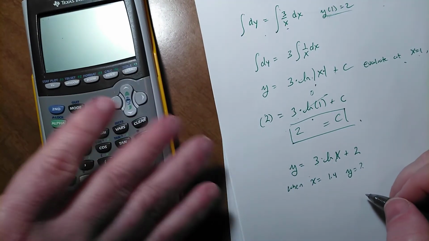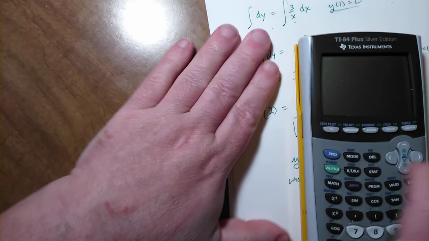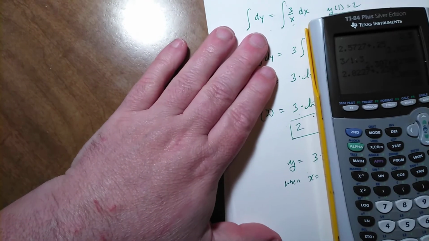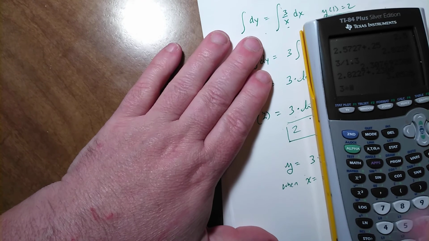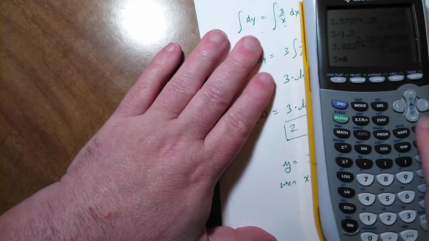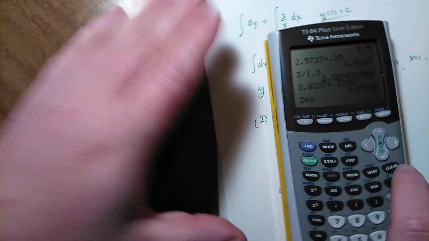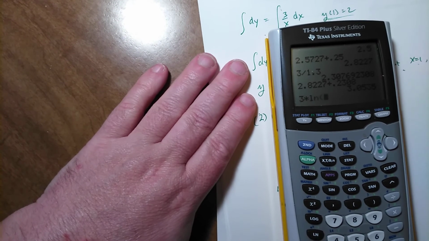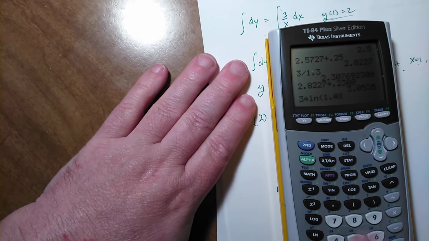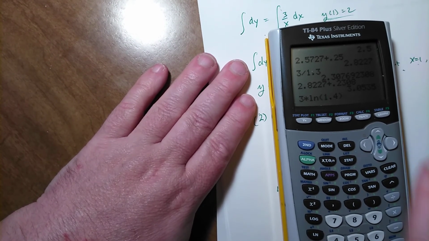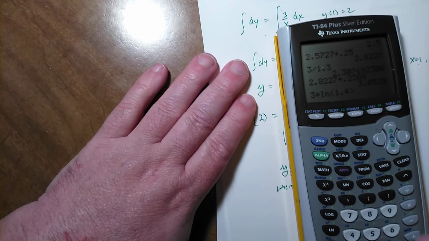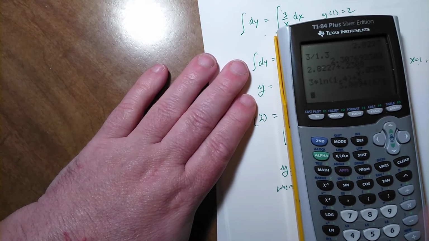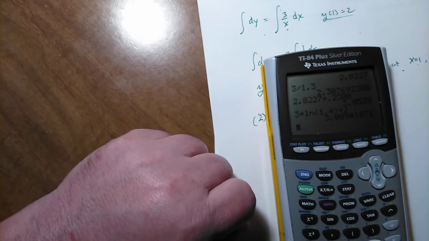So let's plug that into the calculator. We're going to say 3 times the natural log of 1.4, close your parentheses because that actually matters, plus 2. And let's see what we get. This is the actual value of our function here.